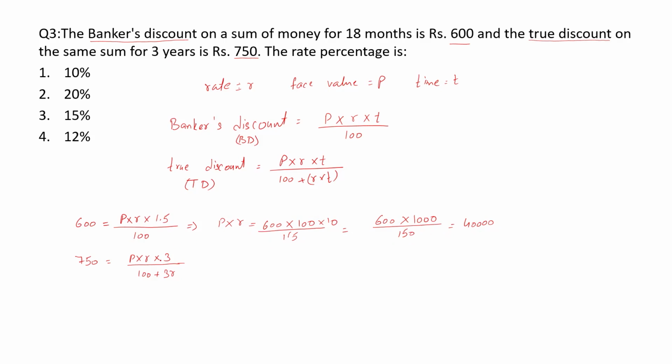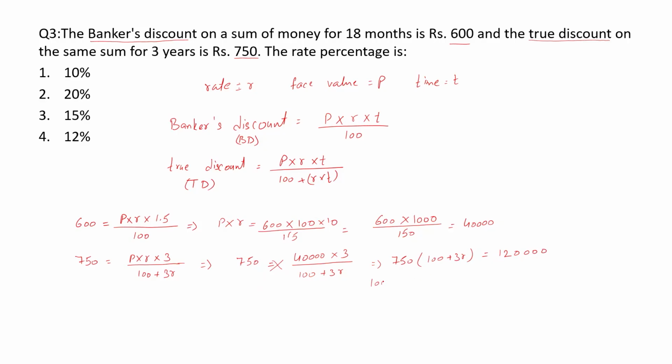Let me substitute this value into this. So you will have 750 is equal to 40,000 into 3 upon 100 plus 3R. So now you do this cross multiplication. You will have 750 into 100 plus 3R is equal to this much, right?